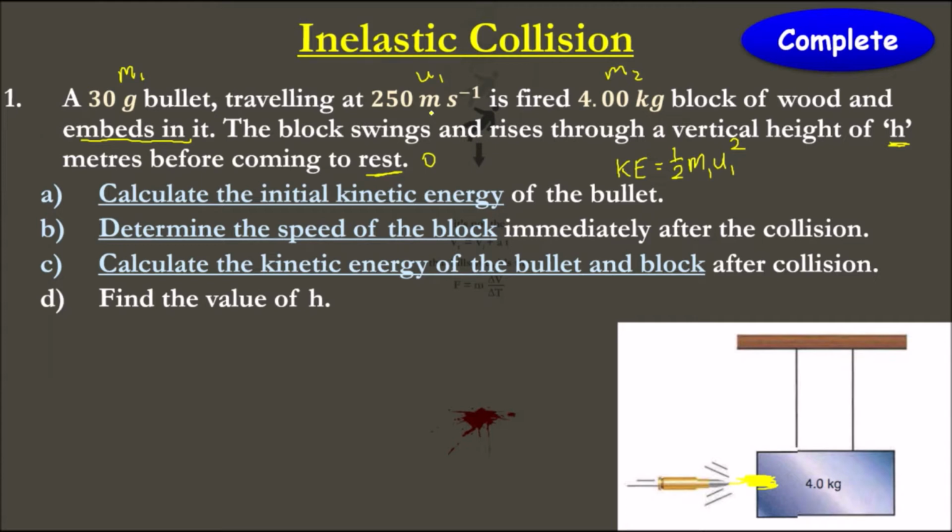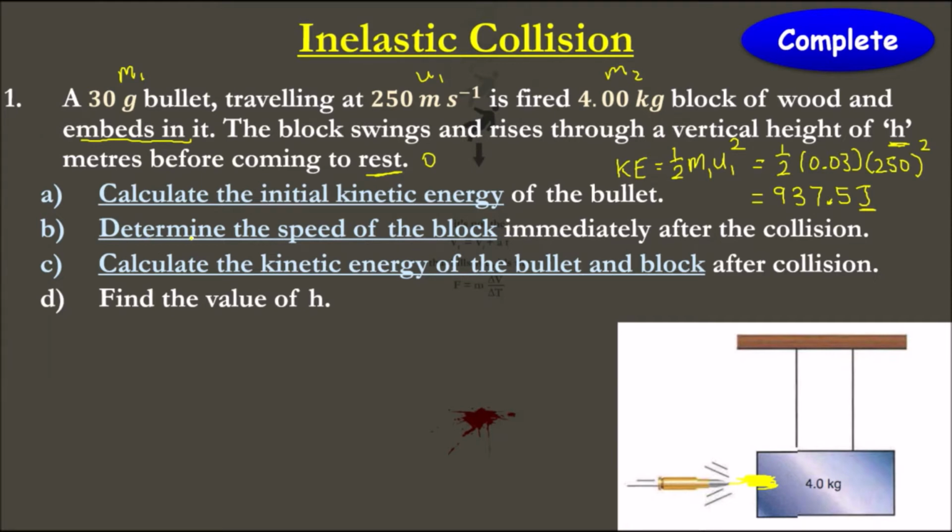You can write half mv squared here. It doesn't really matter too much. So half times my mass, which is 30 grams. You do need to convert that into the correct SI units, in this case kilograms, and then 250 squared. So there we go. So the answer I get is 937.5 joules, because that's my SI units for energy. And that completes the question there.